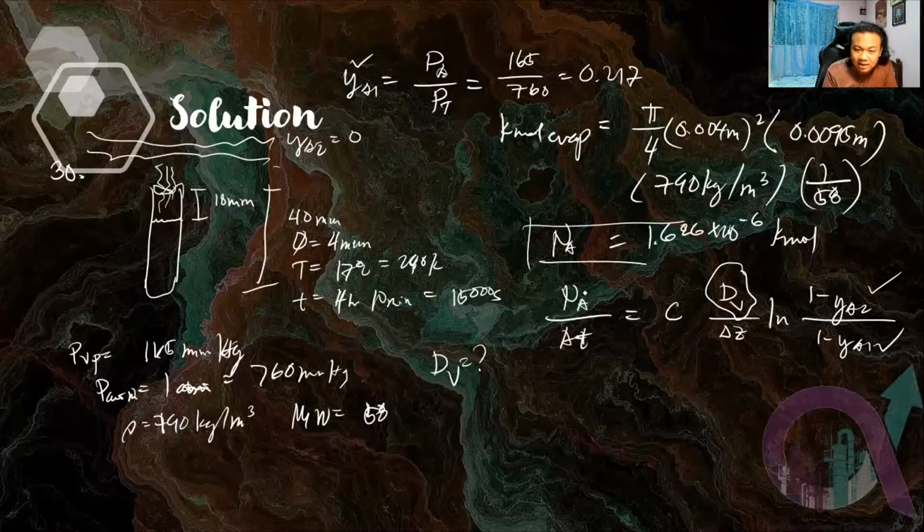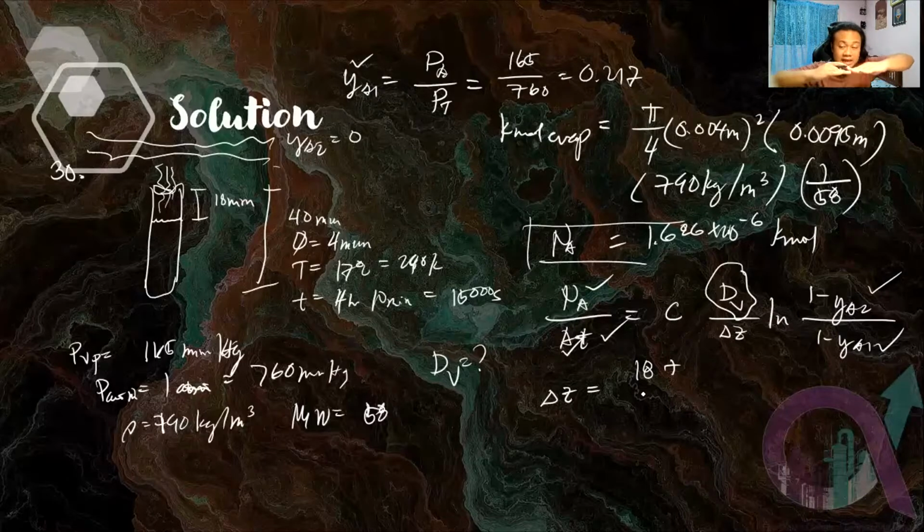We have this already, we have Z. If you are wondering what Z to use, just get the average. So 18 is the beginning, and then the final, it was decreased by 9.5.